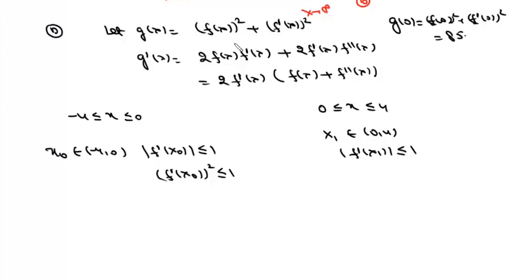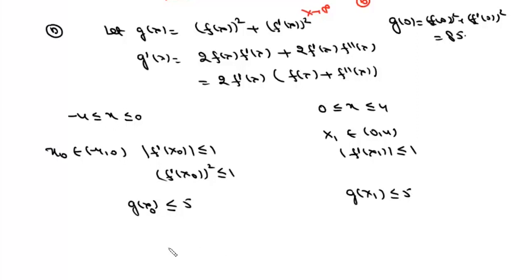Then in that case, this g(x) will always be less than or equal to, now the maximum value of f(x) is 2, so it will be 4 plus 1, and that will be 5. So g(x0) is less than or equal to 5 and g(x1) is also less than or equal to 5.